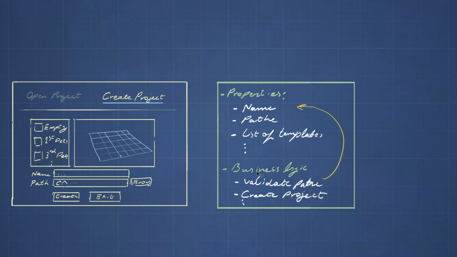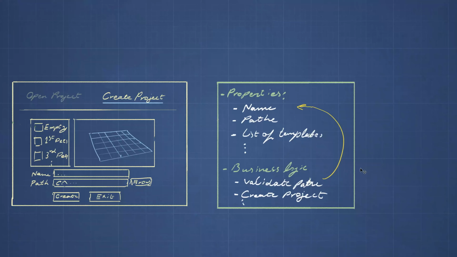But there will also be functions that operate on these fields. For example, we'll have a function to validate the name and path of the project, and there will be a function to create a project. So what I want to do is to couple these two classes together somehow.